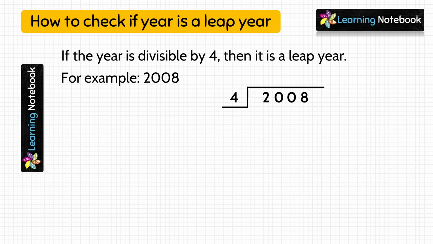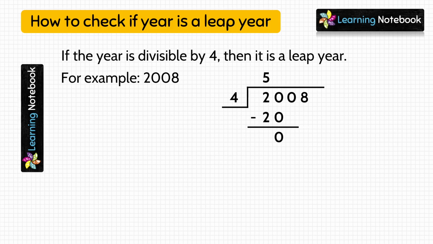Now let's first divide 20 by 4. 4 into 5 equals 20 and 20 minus 20 equals 0. Students, if you want to learn the division step by step, then you can refer to our separate video on division. You will find its link below in the description box.